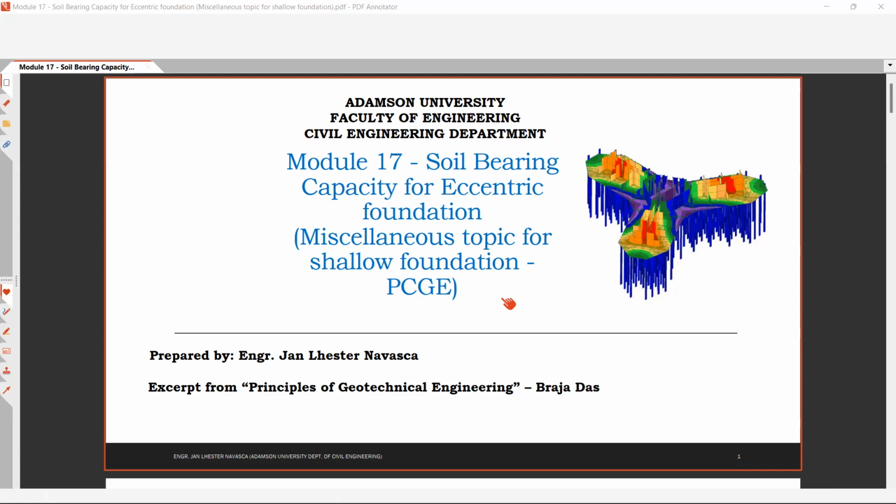So kailan nagkakaroon ng eccentric foundation? Ito yung real life scenario. Kasi yung actually loaded foundation, or yung non-eccentric foundation, is purely theoretical and hindi ito existing sa real life.